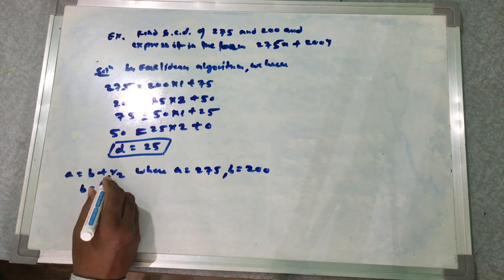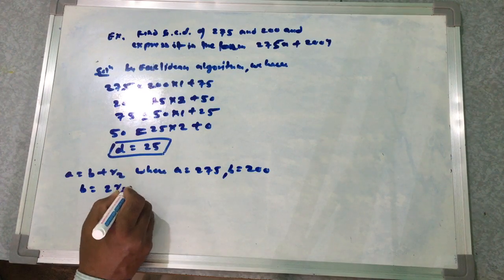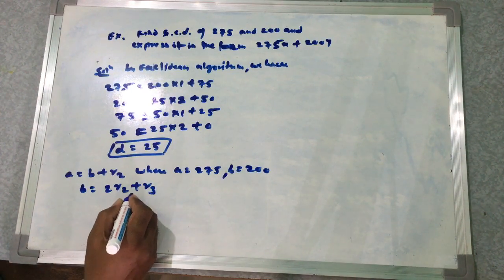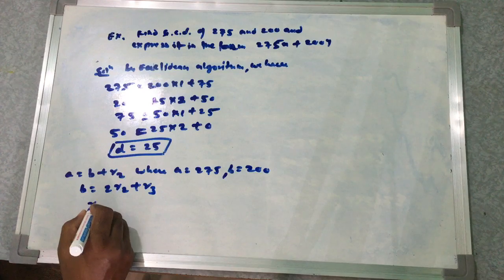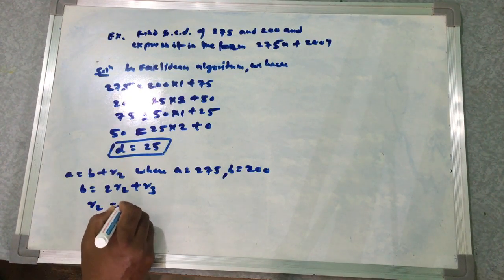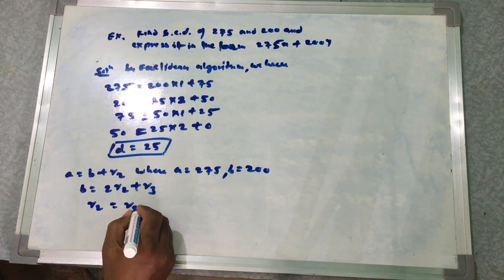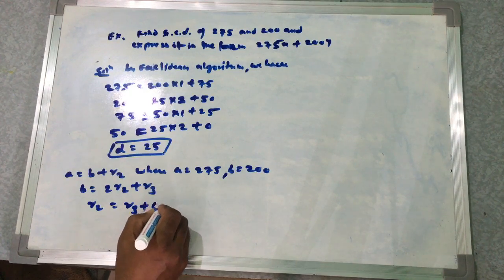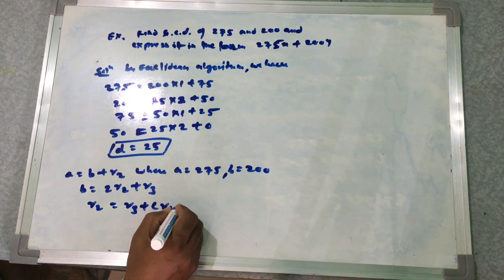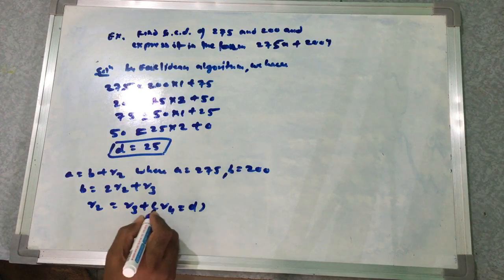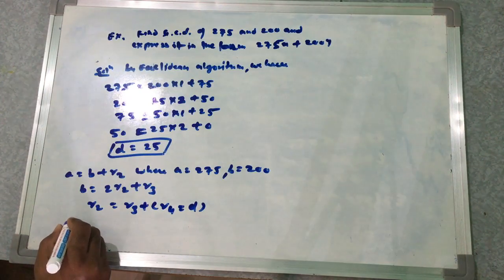Then b is equal to 2r2 plus r3, and r2 is equal to r3 plus r4, that is d.